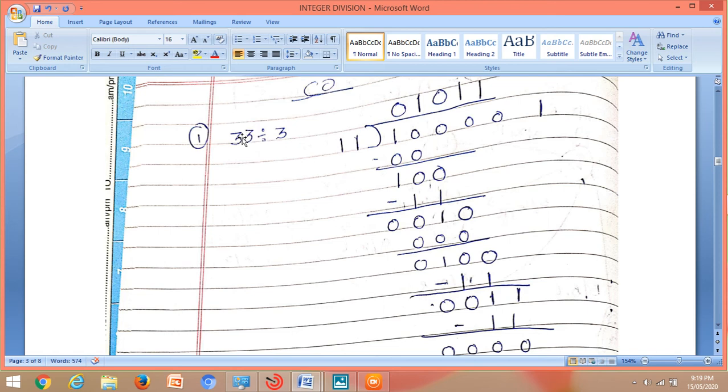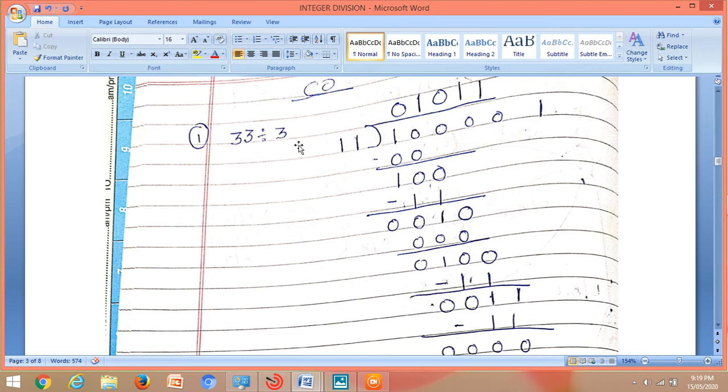So let us see that we are going to divide 33 by 3. So what is the first thing? First thing is that you have to get a binary of 33 and binary of 3. In this case, I have not considered a sign bit in order to avoid the confusion, and throughout this binary division, we are only considering the positive numbers.